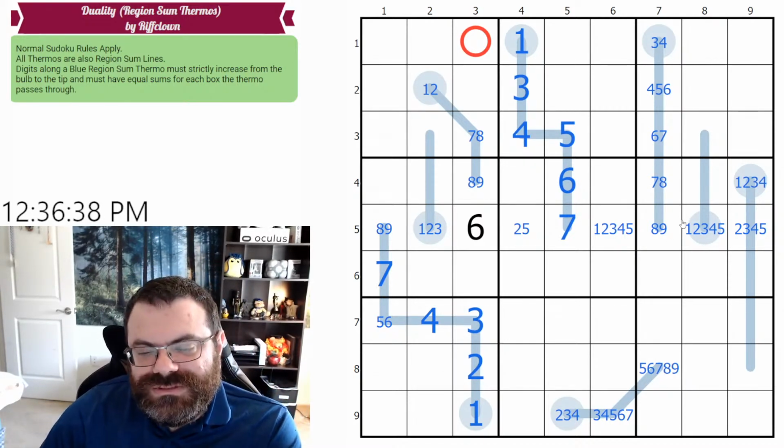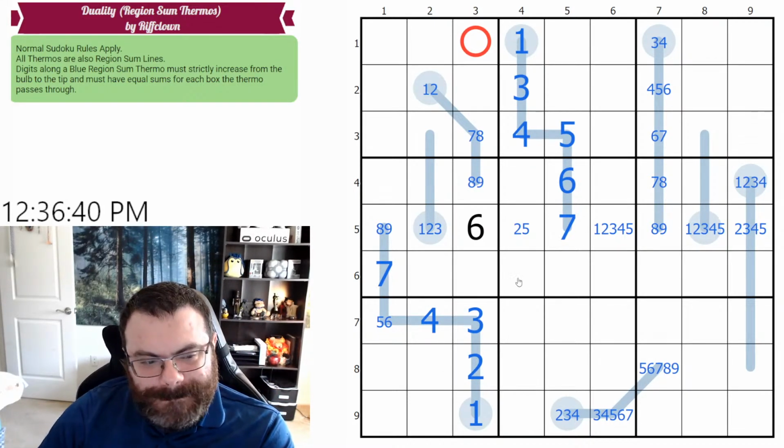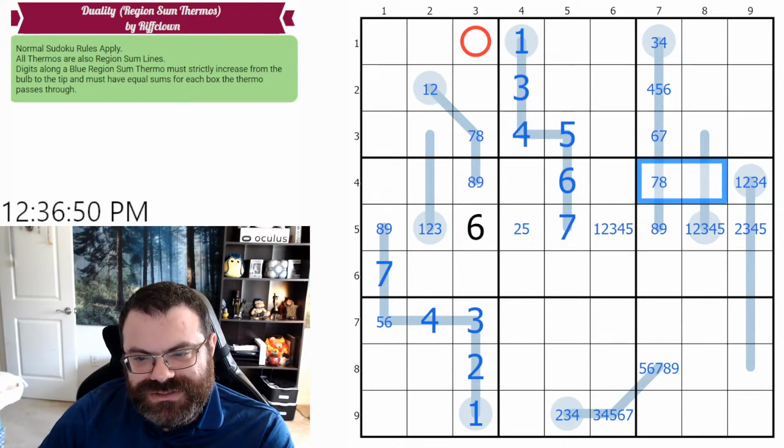Okay, so this is interesting. There's a 7 in one of these for the box. If this was the 7, this would be an 8 or 9 with a 1 or a 2.